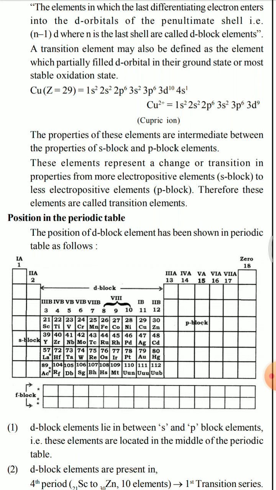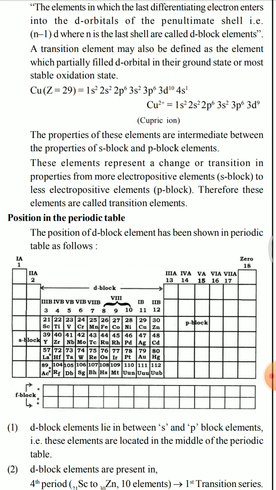But in its most stable oxidation state, that is Cu2+, in the ionic state, its configuration is argon 3d9 4s0. That means it contains a partially filled d orbital in the ionic state. Therefore, these elements are also called transition elements.